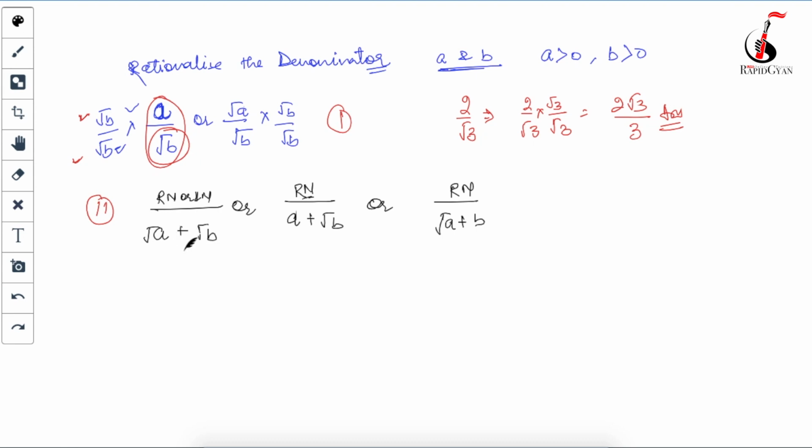So what you will have to check is the sign over here. The sign over here is positive, means you will have to multiply and divide the whole fraction with the opposite sign.